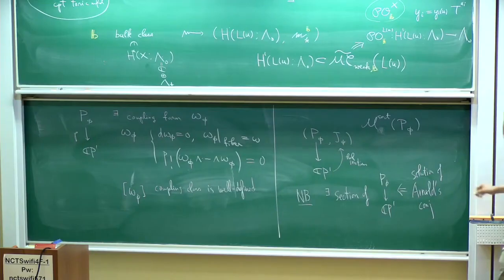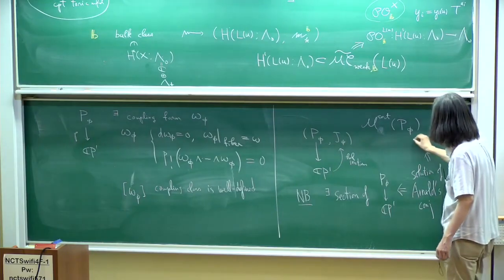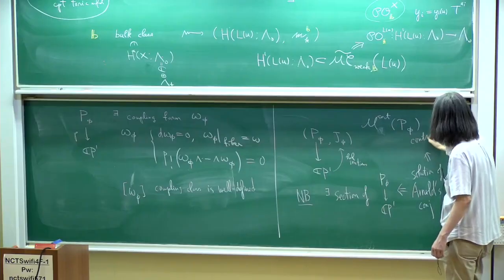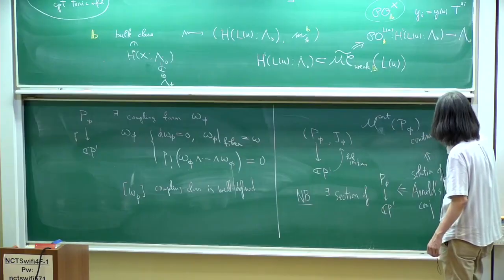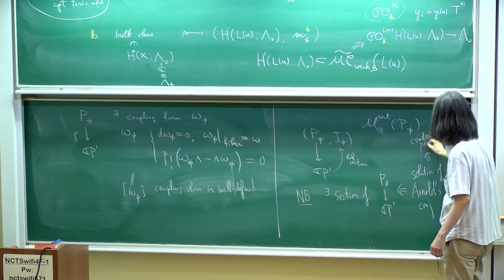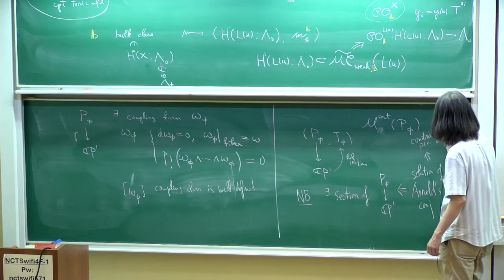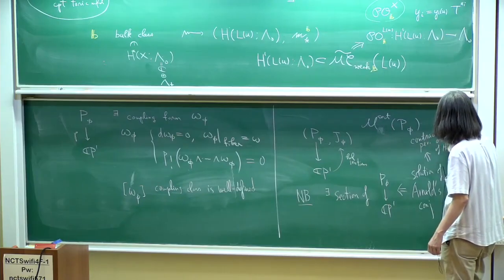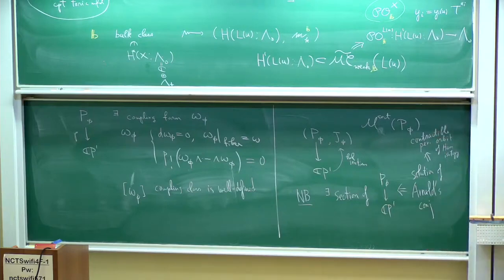So in particular, this one has the contractible periodic orbit of Hamiltonian isotopy. It may not be a loop, but in this case, we have a loop.